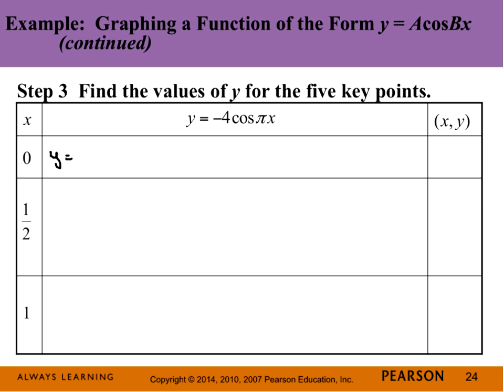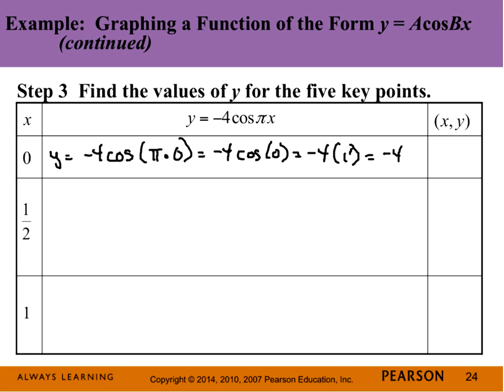All right, so we have y equals -4 times the cosine of pi times, let me write that as a dot so I don't have 2 parentheses right next to each other, pi times 0, which is -4 times the cosine of 0. The cosine of 0 is 1, and that leaves me at -4.